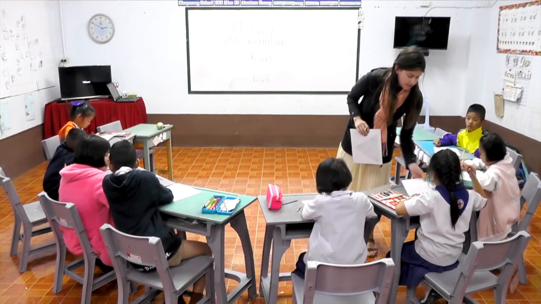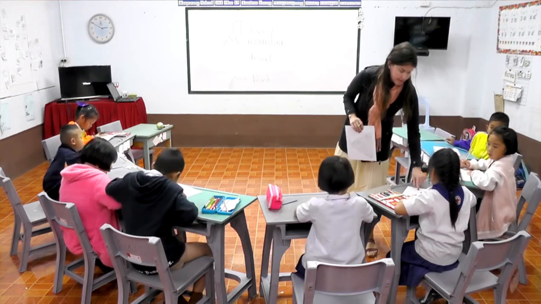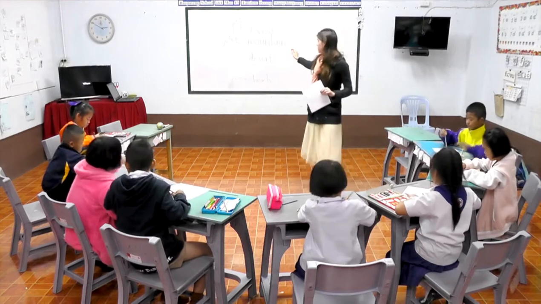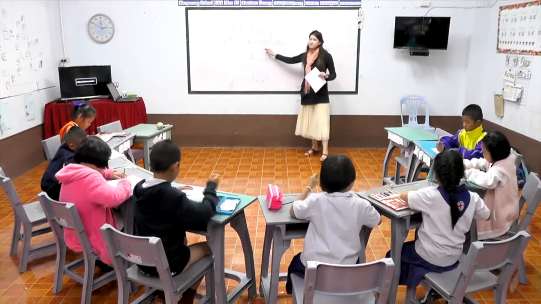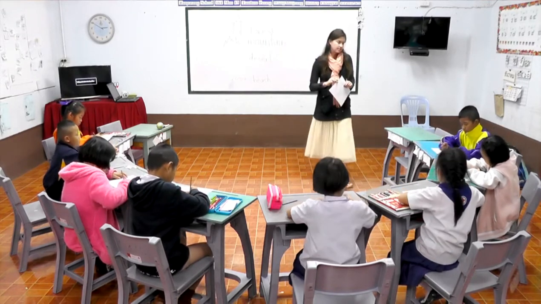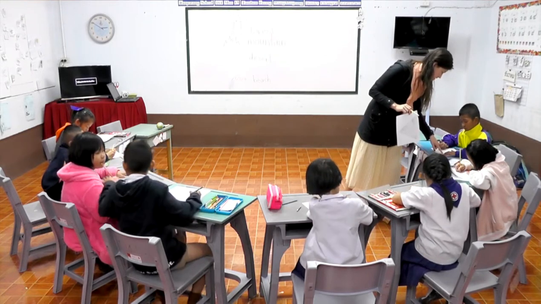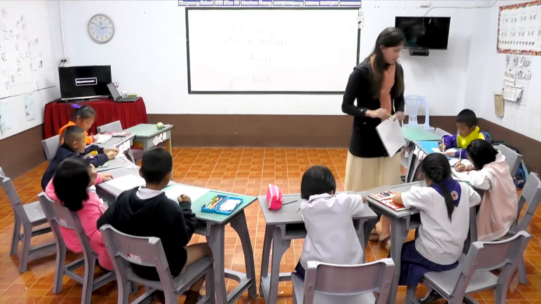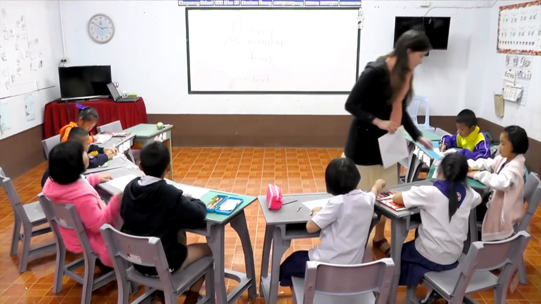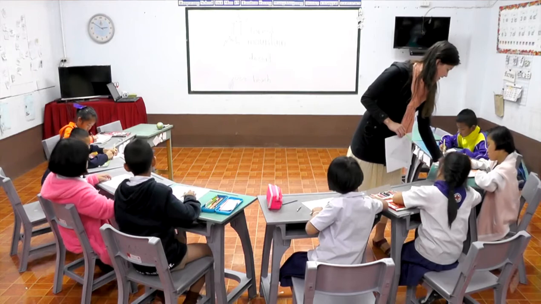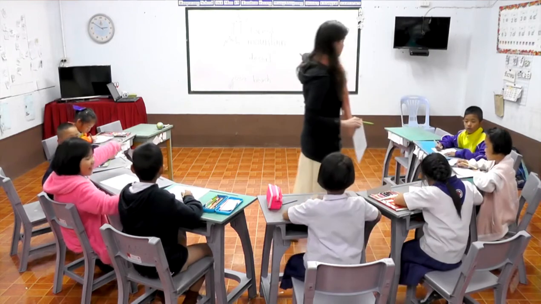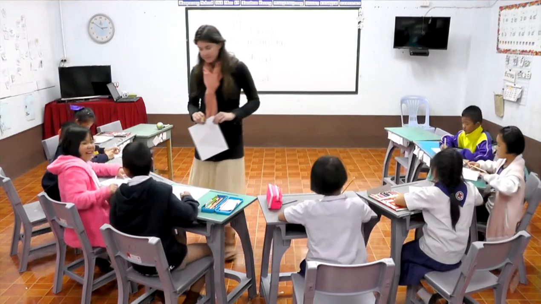So turn it like this. Mountains. This one, mountains. We're gonna write mountains. Yep, right over here, mountains. Yep. So turn your paper when you write like this, and you can see mountains right there on the board.